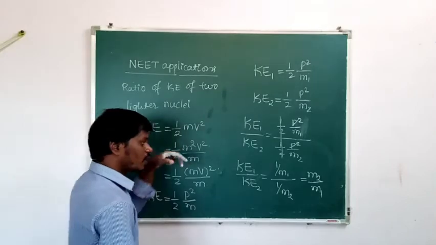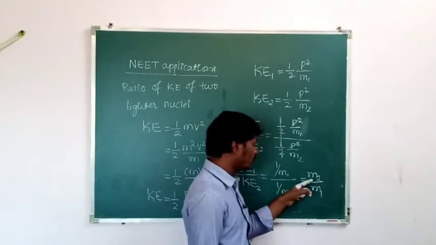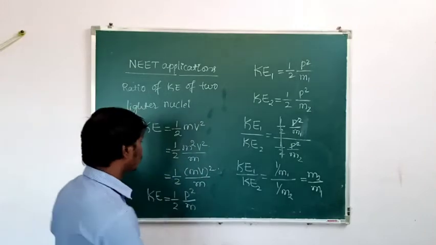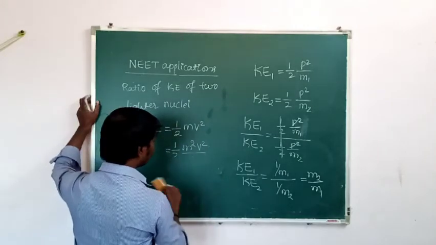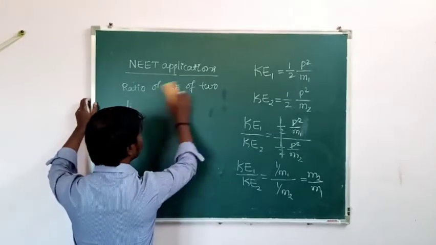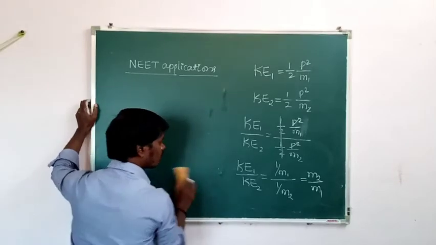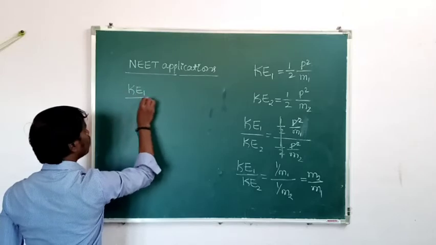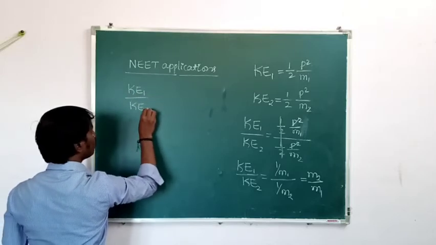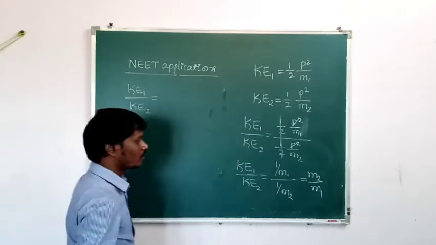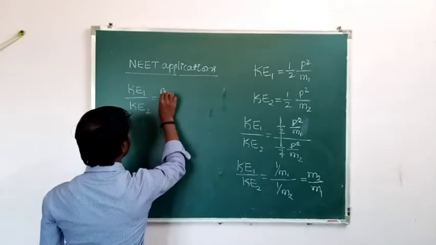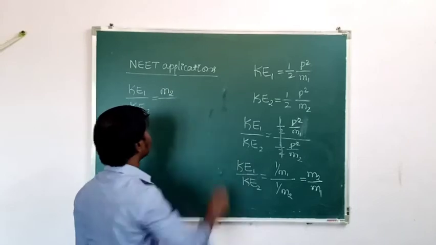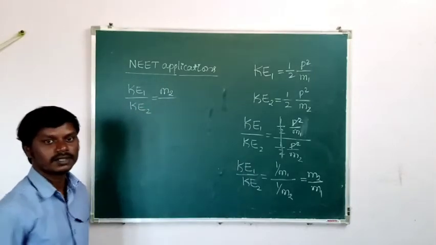Then already we know that the mass of a nucleus depends on its mass number. So the mass of a nucleus depends on the number of nucleons present in the nucleus, that is the mass number. I will write Ke1 divided by Ke2 is equal to m2 by m1, the ratio of mass of the second lighter nucleus to the mass of the first lighter nucleus.